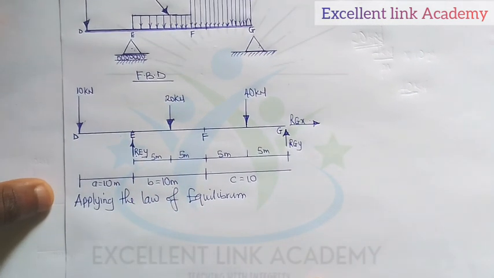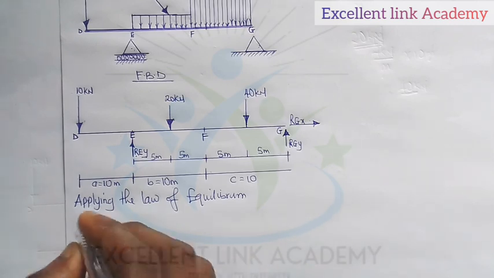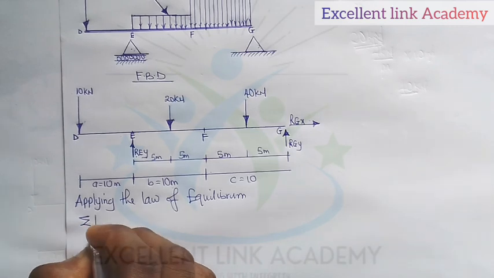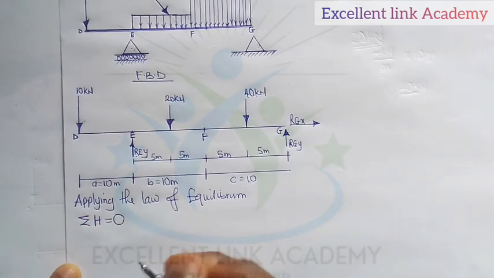My first law says the summation of horizontal components must be equal to 0.